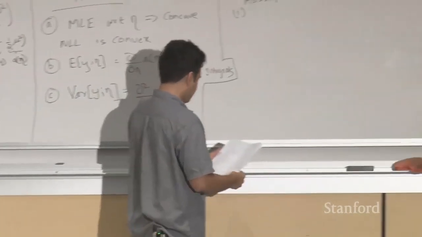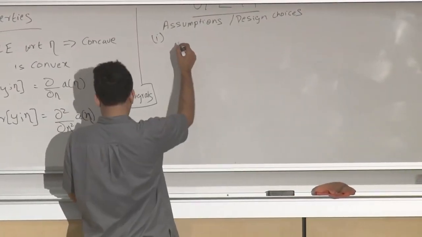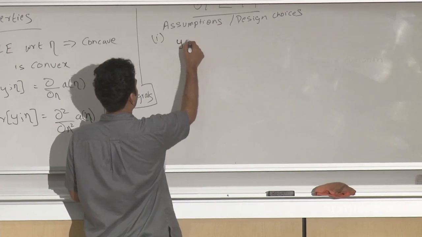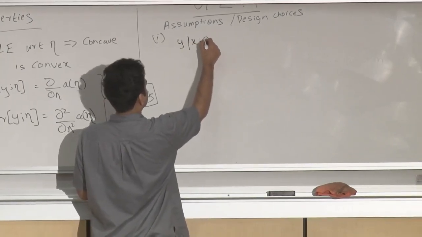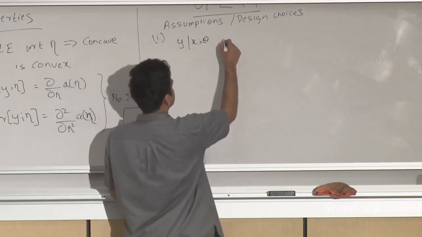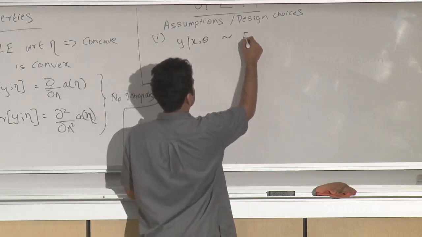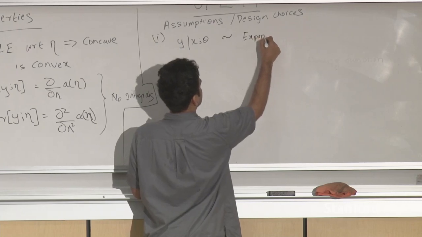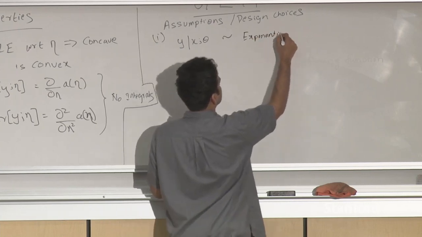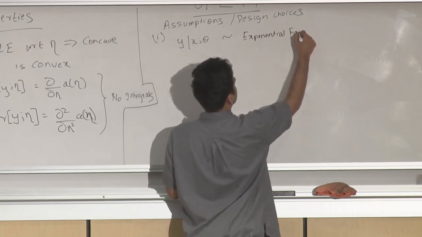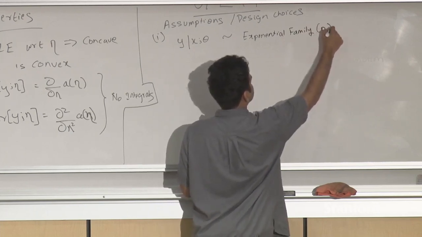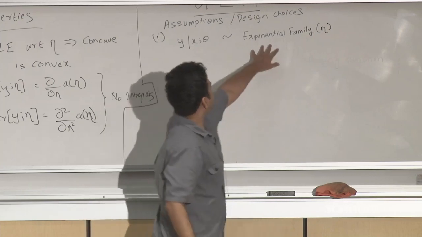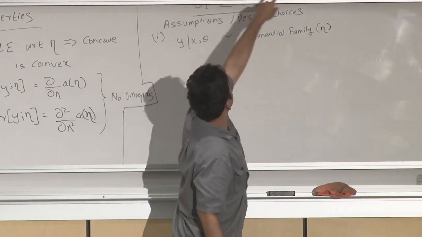The most important assumption is that y given x, parameterized by theta, is a member of an exponential family. By exponential family of eta, I mean that form.